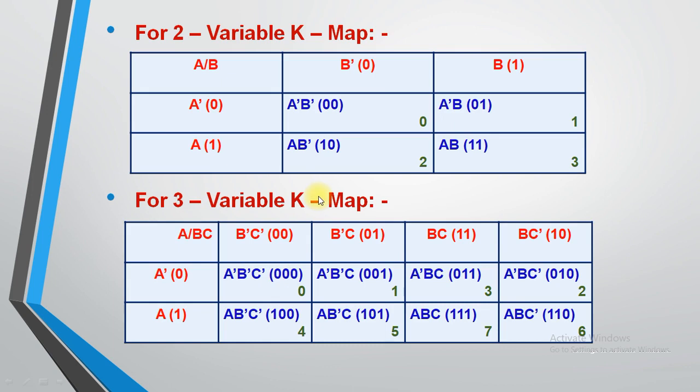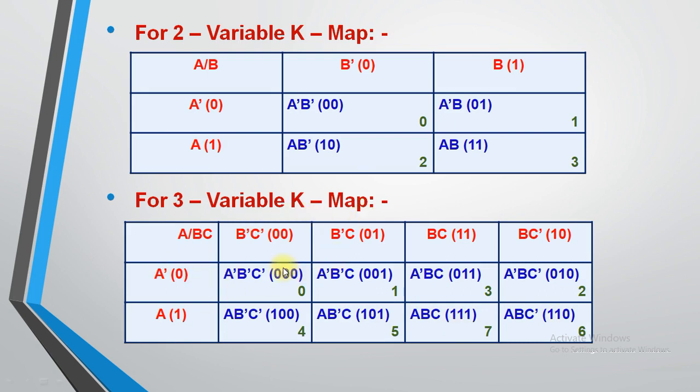So the possible combinations are 000, 001, 010, 011, 100, 101, 110 and 111. So these 8 are the possible combinations for three input variables.